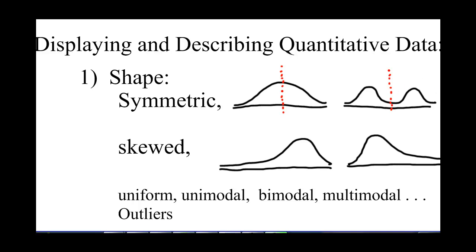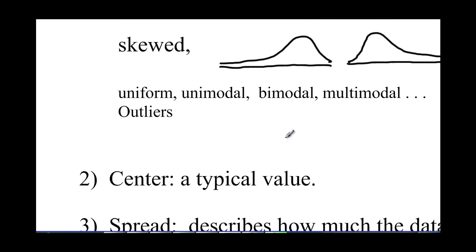You also want to determine if the graph is uniform, unimodal, bimodal, or multimodal. So a uniform graph will be a graph where there's the same frequency for each set of data values. So this is fairly rectangular. Unimodal means that we have one hump.